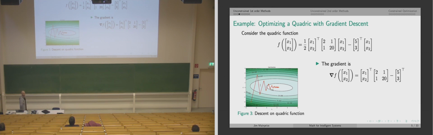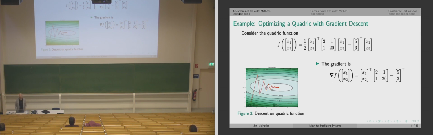And then because the derivative of the sum of two terms is equal to the sum of the derivatives, the derivative of that, which is a linear function, is just the coefficient here. So that's our gradient.